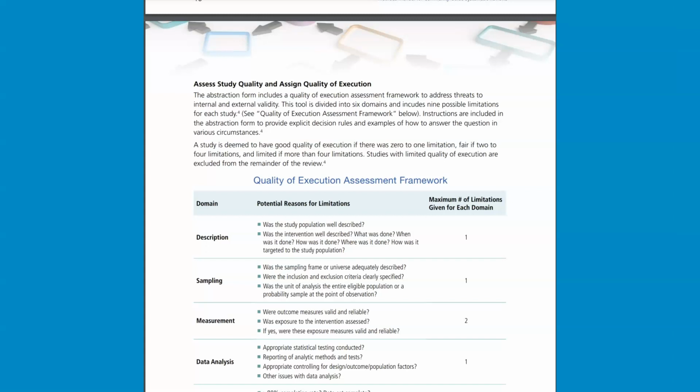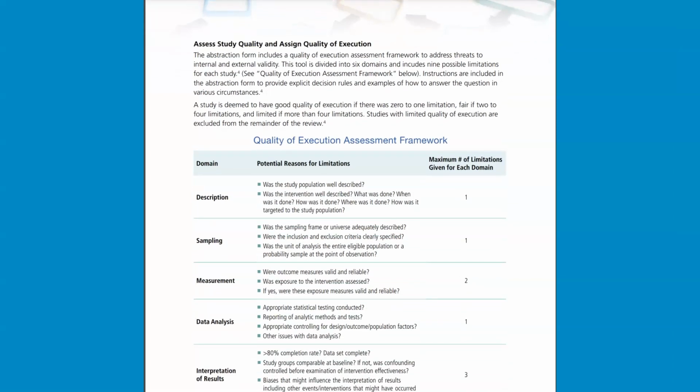There are ways that you can, even at this point, try to limit the types of studies that you're including within your literature review. Studies with limited quality of execution are excluded from the remainder of the review.